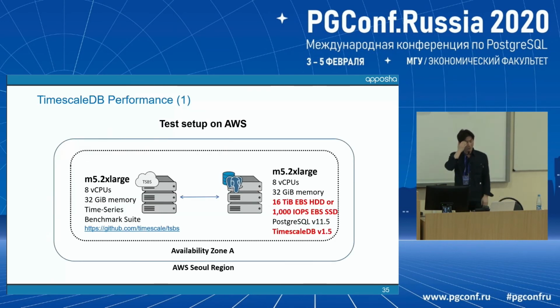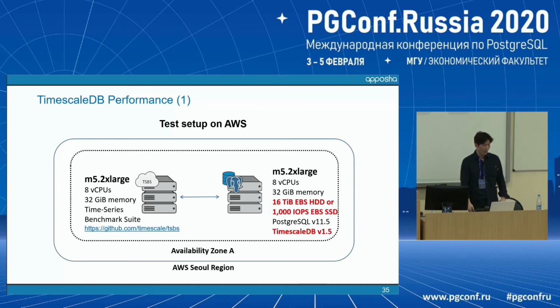So I'm going to show you just one result with TimescaleDB. I set up the test environment on AWS and used the M5.2xlarge machine, which has 8 cores and 32 gigabytes of memory, for both server and clients.